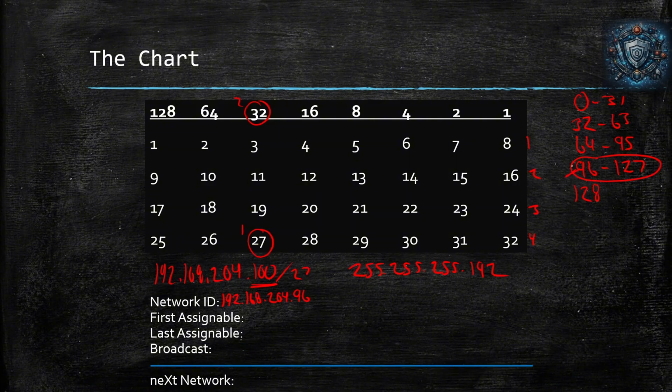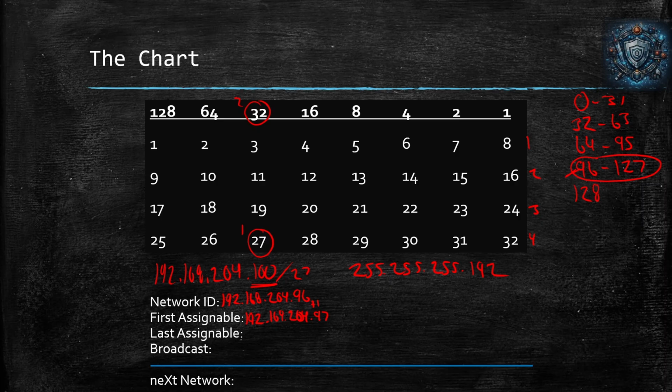This number right here is going to be our network ID for the octet that we're working in. So now to get our first assignable, all we're going to do is add 1 to our network ID. That makes this 192.168.204.97. I promise this is a 0. 204, I promise.